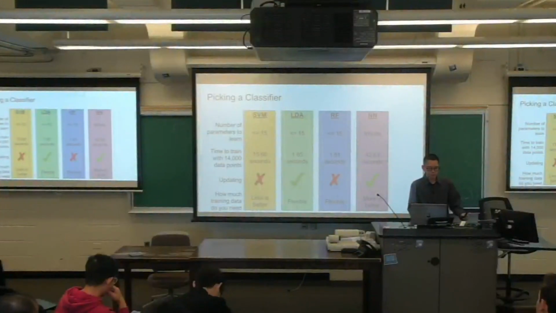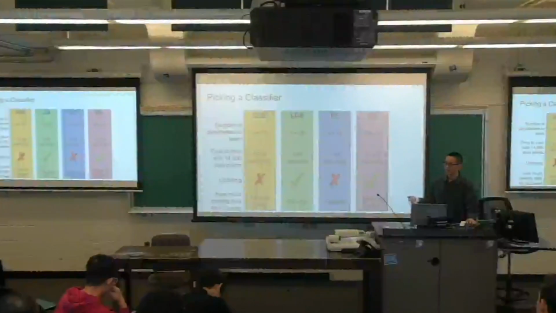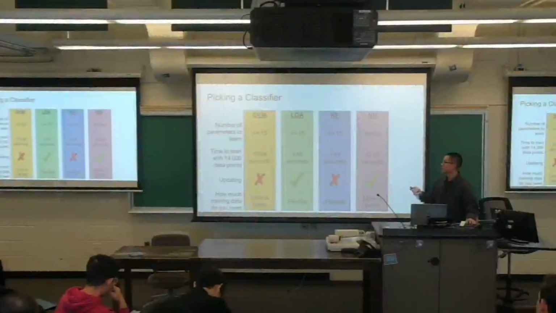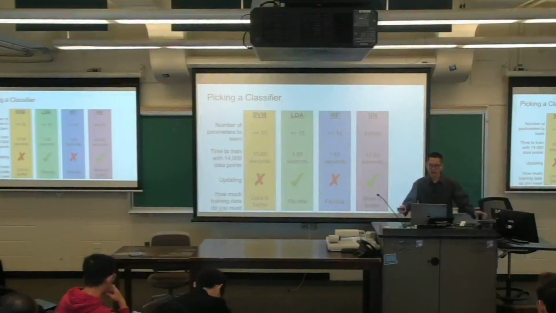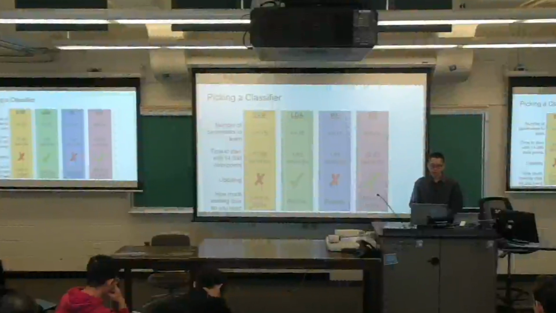The last one is the neural network, and it's famously known for being data thirsty. It needs a lot of data to realize its full potential. It also has a huge number of parameters to learn. If you have a giant network, then you have millions of parameters to learn. And the more data, the better.